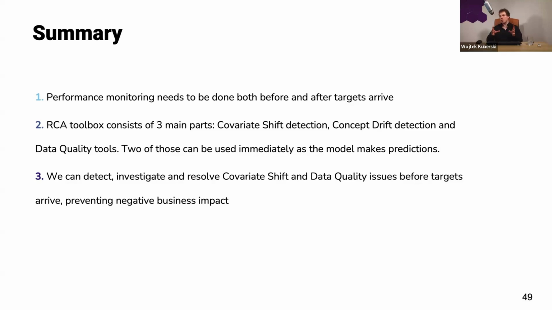And two of those, covariance detection and data quality, can be used immediately as the model makes the predictions. And also we can detect, investigate, and resolve covariance shift and data quality issues before the targets arrive, and we can actually prevent negative business impact, or at least we can very, very strongly limit it, because we can do it hours or days after the issue is found, instead of waiting months or years.